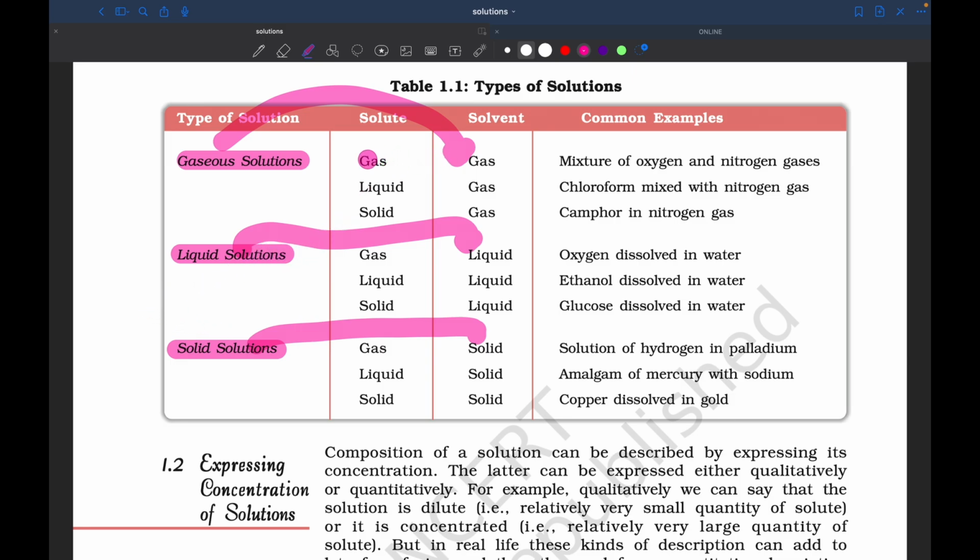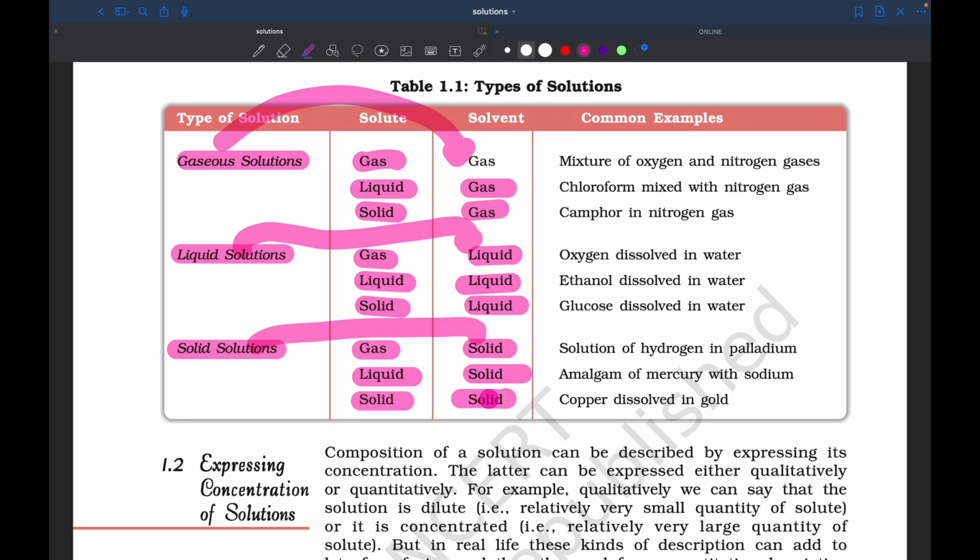So you can see here: gas in gas, liquid in gas, solid in gas, gas in liquid, liquid in liquid, solid in liquid, gas in solid, liquid in solid, solid in solid. All these are the solutions of these three types.